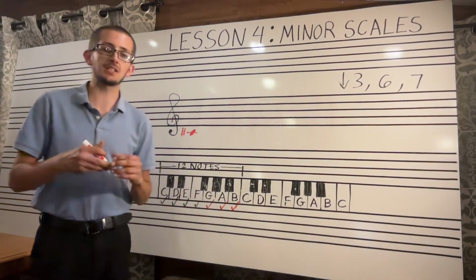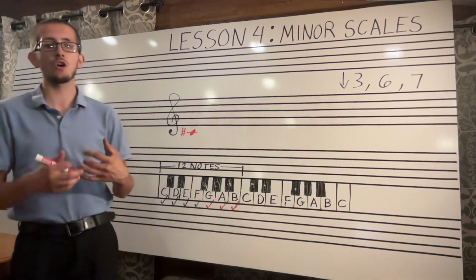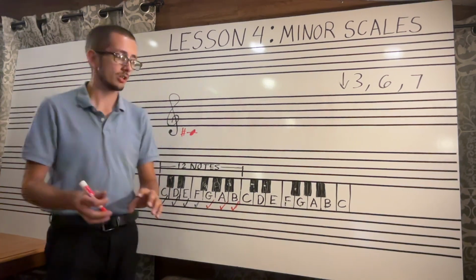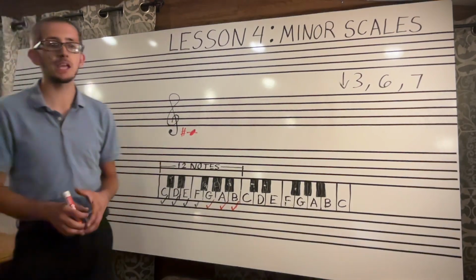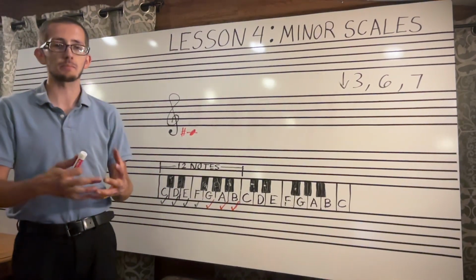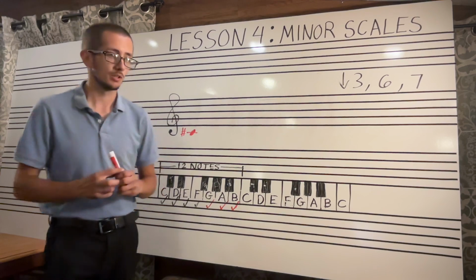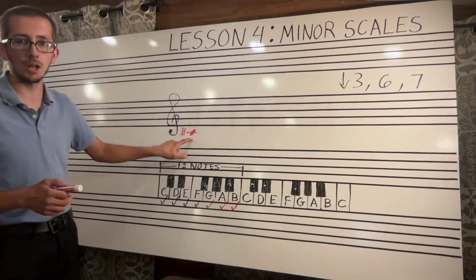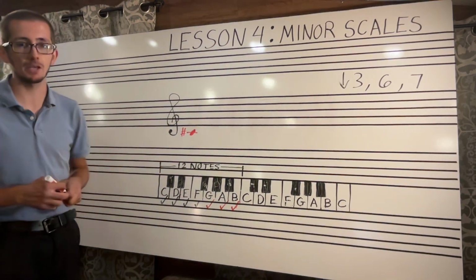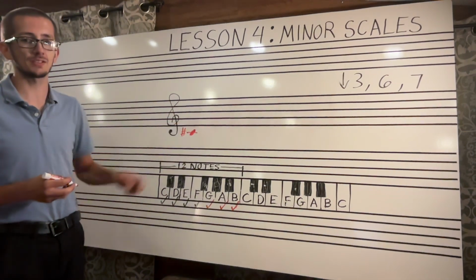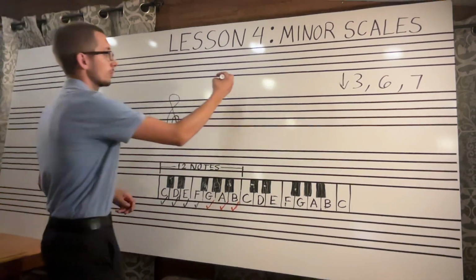If you were writing a D flat major scale, you would use all flats to notate the scale, but to write a C sharp major scale, you would use all sharps to notate the scale. So this is just an enharmonic equivalent of the D flat major scale. I'll show you how to write the C sharp major scale right here.